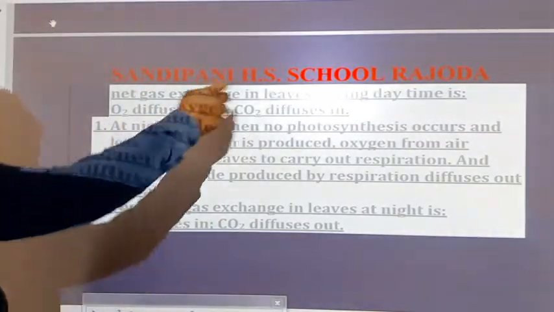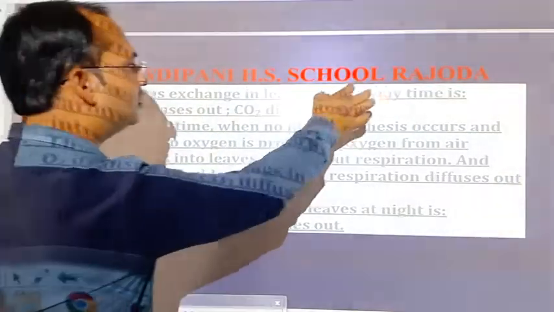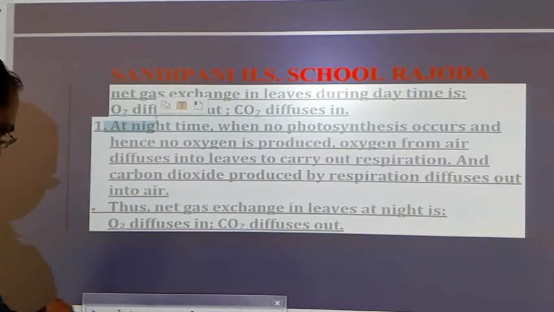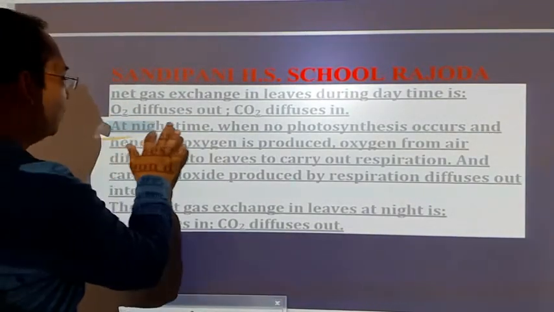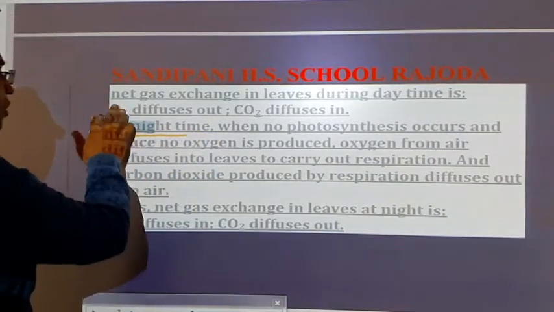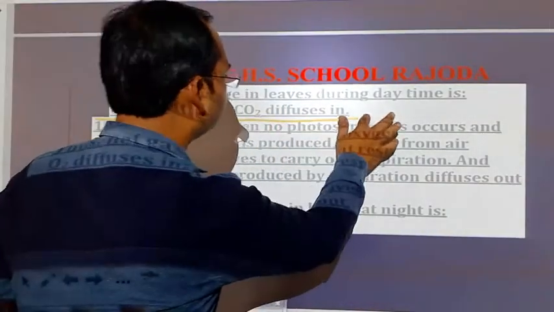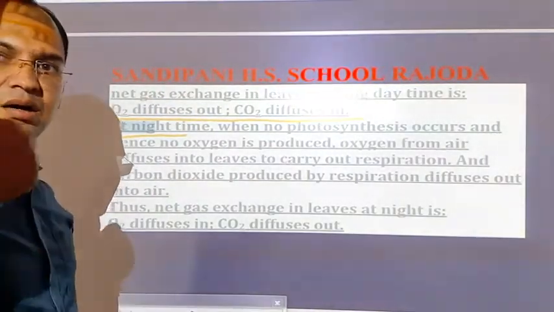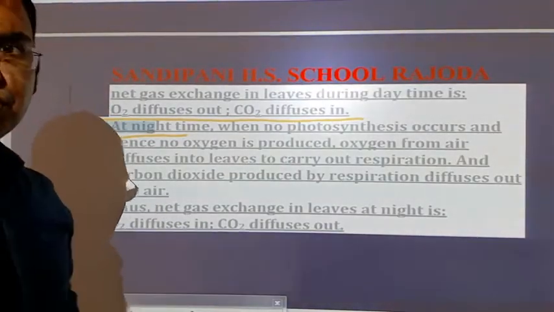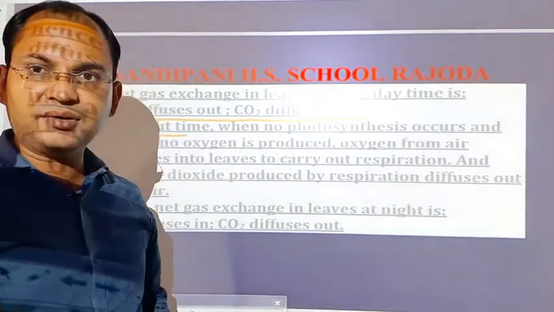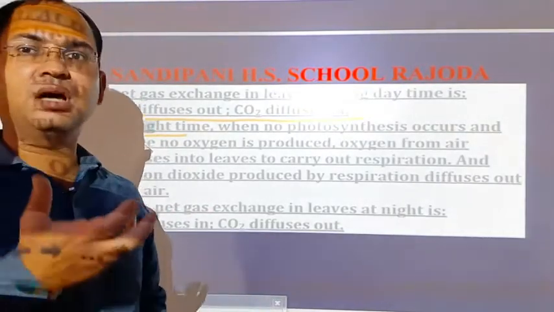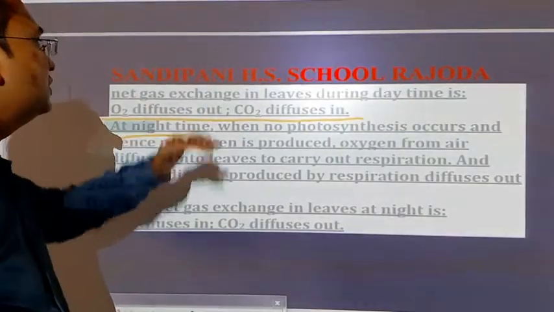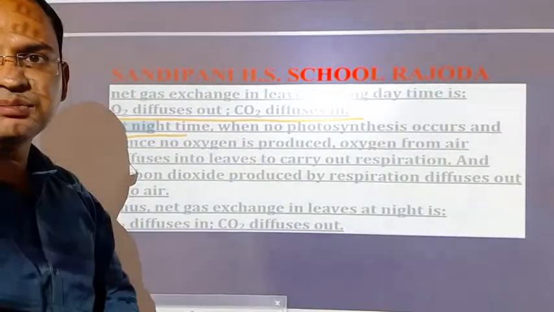So you can see the net gaseous exchange in the leaves during daytime is O2 diffuses out and CO2 diffuses in. O2 diffuses out because O2 is given out into the environment, and carbon dioxide is absorbed inside the plant. The ratio of this is known as the net gaseous exchange in the leaves during the daytime.